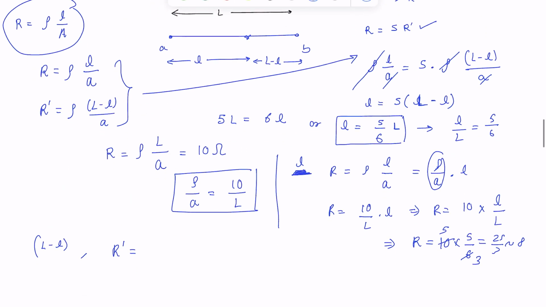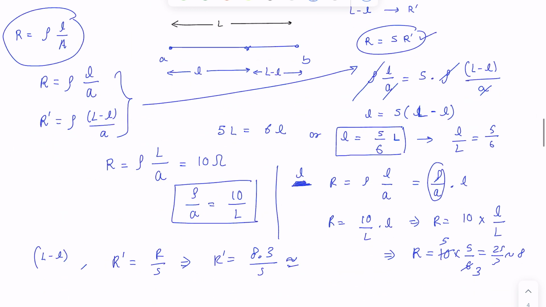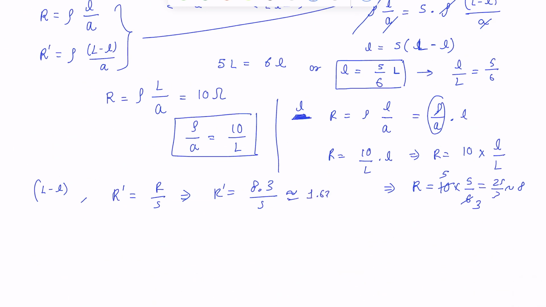See, we already have it in there. So R prime is R over 5. This implies that R prime equals about 8.3 divided by 5, and you should get this answer, 1.67 ohms. So this might be a little confusing, but go ahead, rewatch this part, and you'll get the answer.